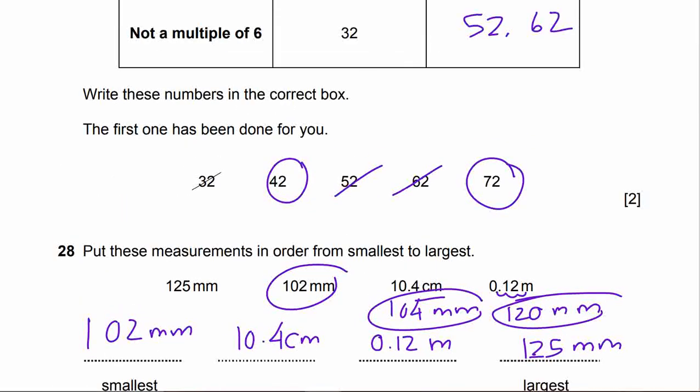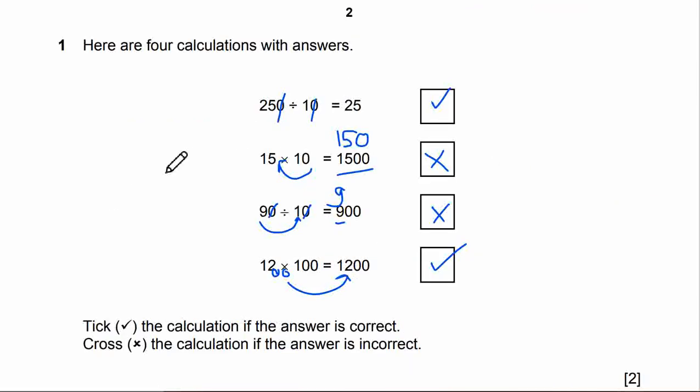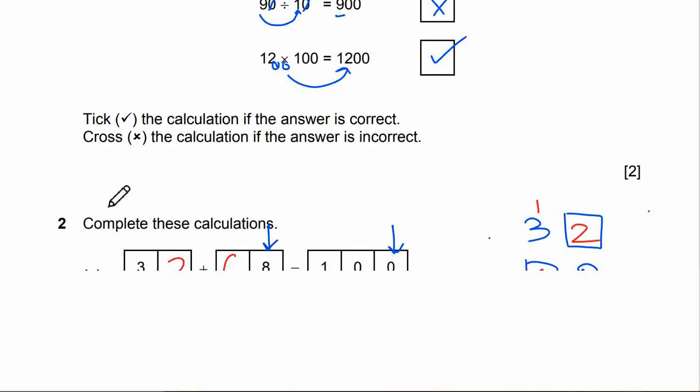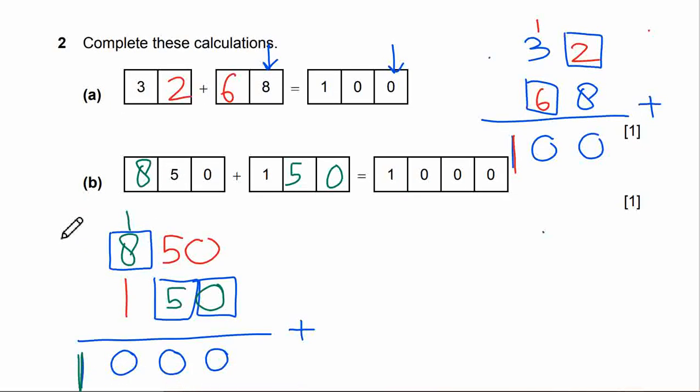I'll scroll up from number 1 to 28 so we can take a screenshot of the MarkScheme. Here's the MarkScheme for number 1. Here's the MarkScheme for number 2.